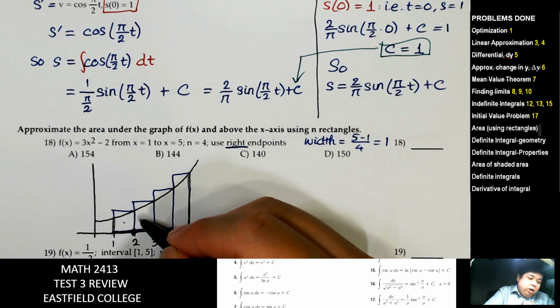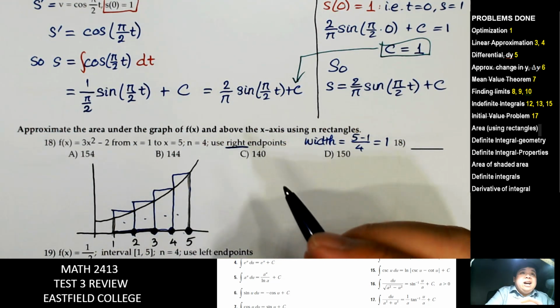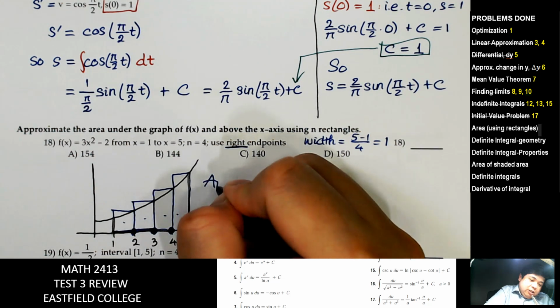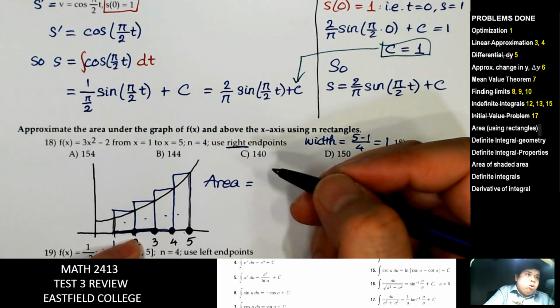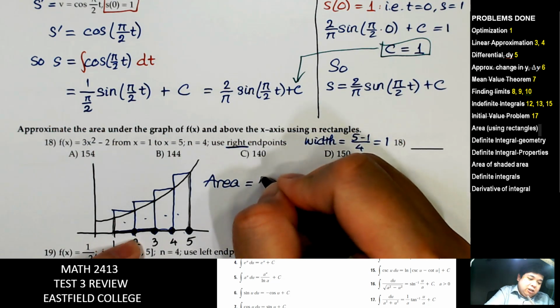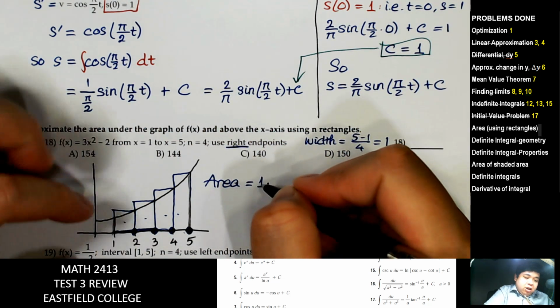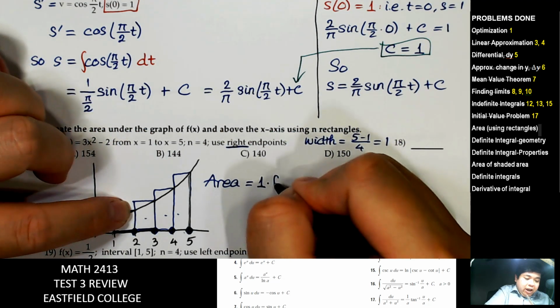So we have 4 rectangles, and the area will be length times width. The width of all of them is 1, times the height of the first rectangle, which is f of 2.